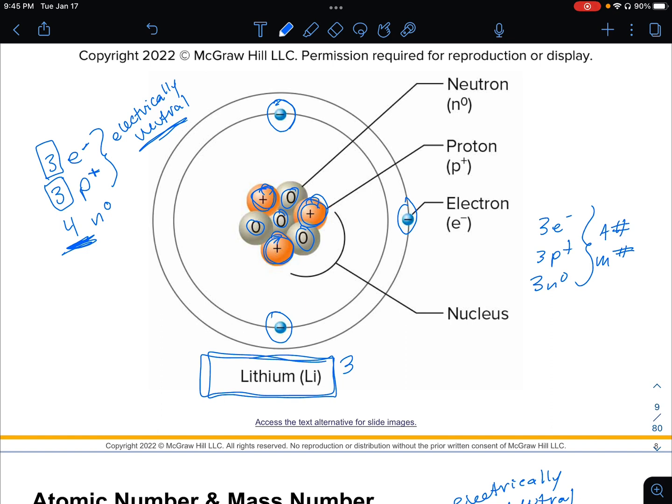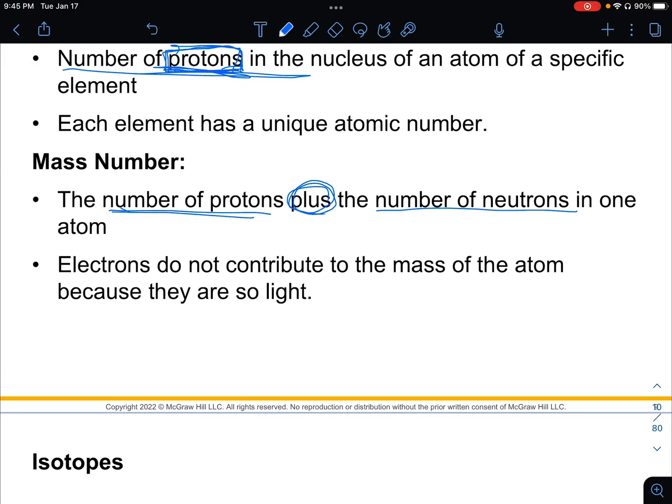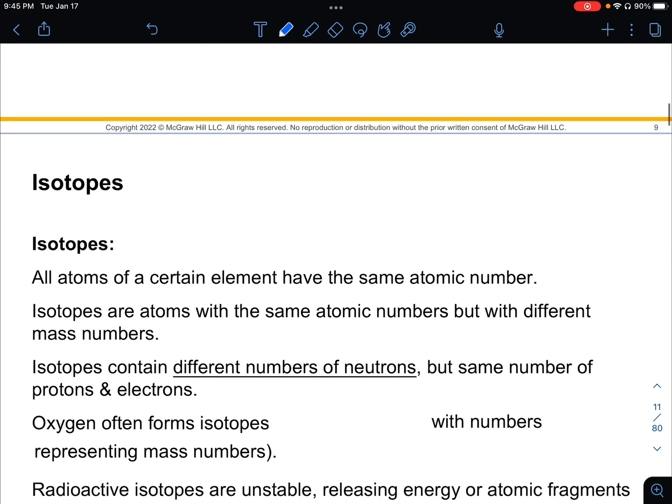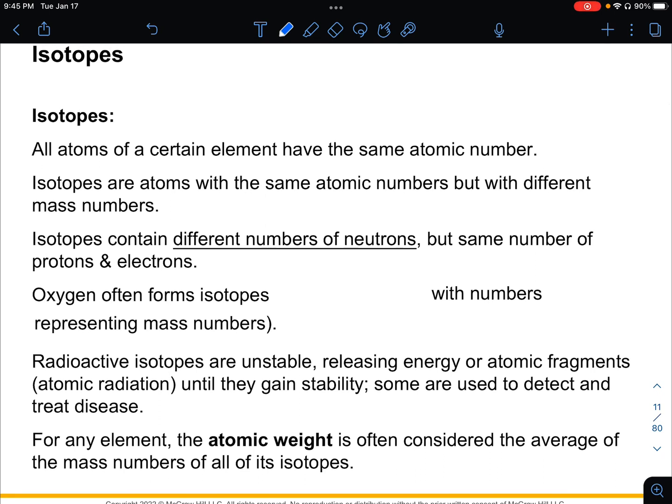But as we said, we have changed the number of neutrons here, which is then going to change the mass number, because the number of protons plus the number of neutrons is now different for this lithium atom, which then gives us an isotope. So the word isotope is defined by the same atomic number but different mass numbers.